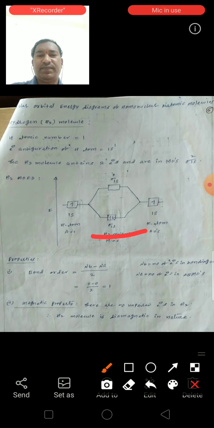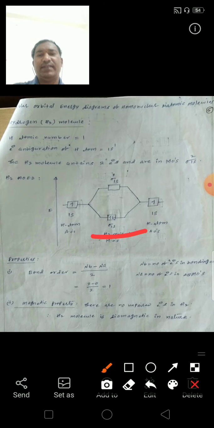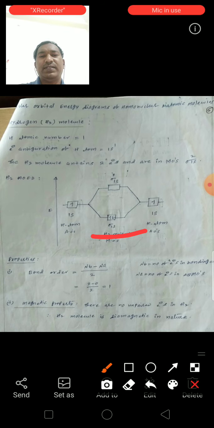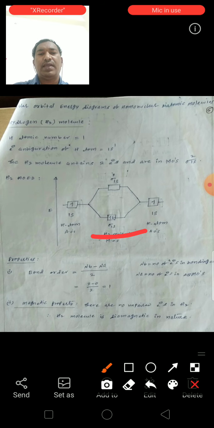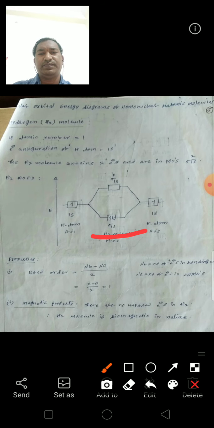Next, properties. First calculate the bond order. The bond order formula is Nb minus Na by 2. Here Nb is the number of electrons in bonding molecular orbitals, and Na is the number of electrons in antibonding molecular orbitals.